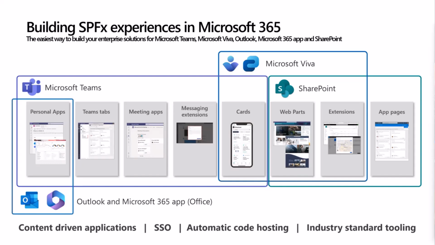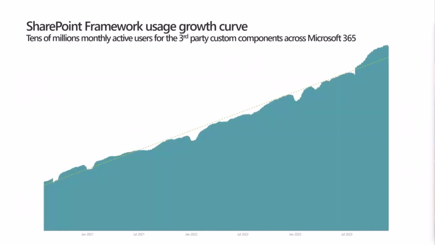Now, SharePoint Framework has been incredibly successful within the last years. The adoption is through the roof. We released SharePoint Framework in 2017. And by the way, we have this enterprise level backward compatibility, which people don't necessarily always understand until they hit it. Any code which you built with SharePoint Framework version 1.0 back in 2017 still works in SharePoint Online.